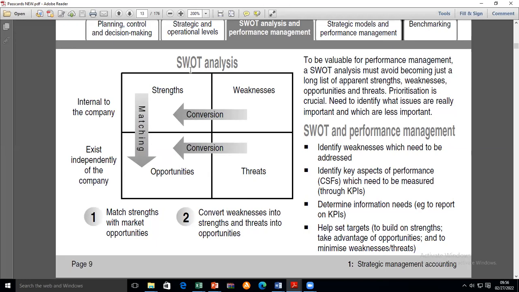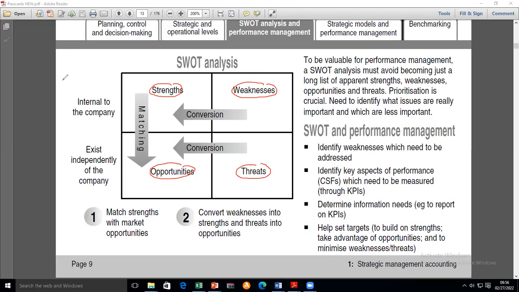It's a very powerful tool in strategic management. But the emphasis here is how does the identification of strengths, weaknesses, opportunities, and threats help us with performance management?